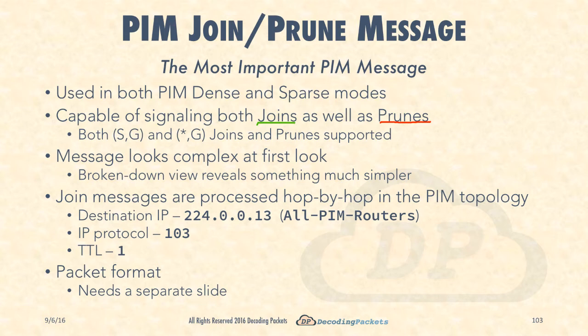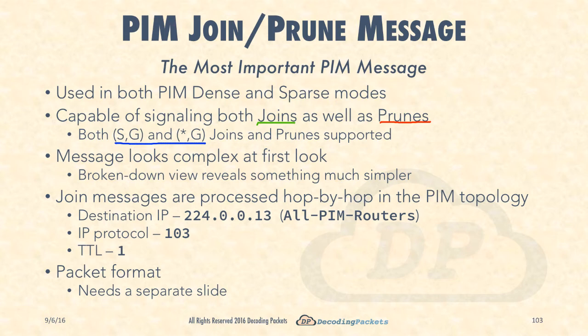Furthermore, there can be S, G joins and S, G prunes, and this message is capable of signaling both of them. So you don't need separate messages for S, G joins versus star, G joins or prunes. You use the same exact message. There are different mechanisms available in the same message that allow you to signal and distinguish both of them.